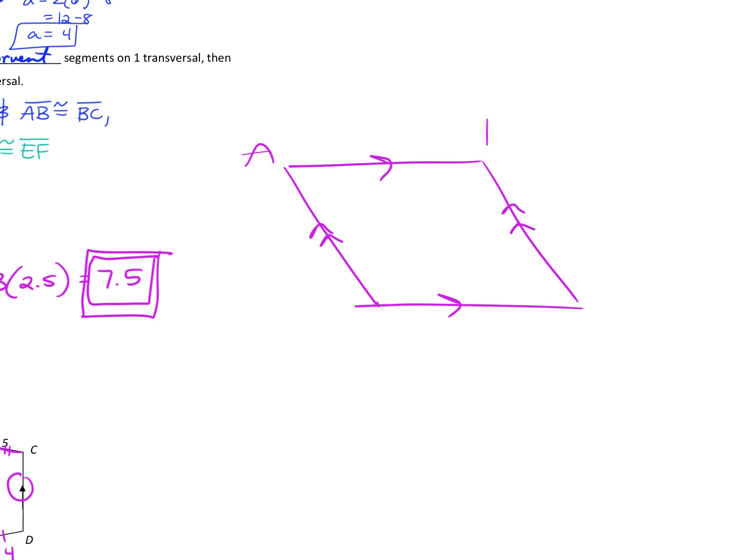Okay, we're going to call this A, B, C, D. Tell me something you know about this parallelogram. AB is equal to DC. Say it again. AB is congruent to DC. We know that. What else do you know? Someone new.